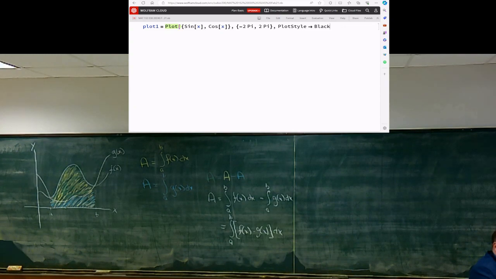I want both graphs to be black. And plot labels as expressions. This will actually then label each curve, so we know which one is which.